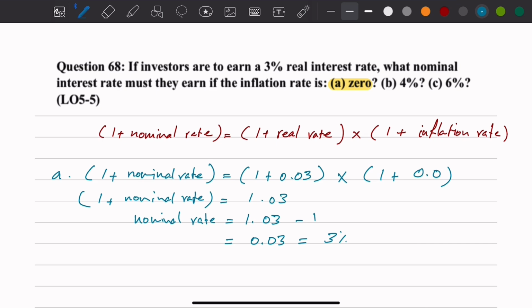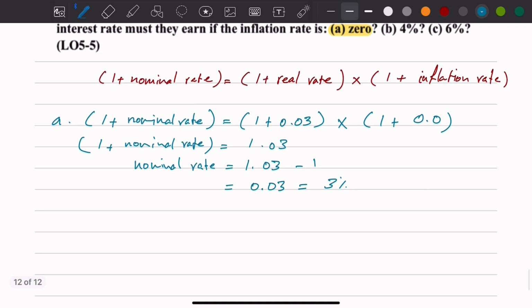And it makes sense, right? If the inflation is expected to be 0, then we expect the nominal interest rate to be the same as the real interest rate. But I wanted to show you the full solution just so you can get the hang of it.